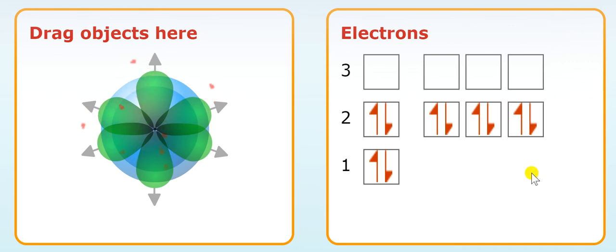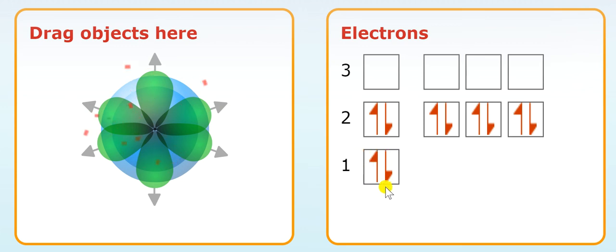So there are some things that I can take away from this. Each one of these boxes represents an orbital. It represents one of these electron cloud shapes, these three-dimensional regions where we find the electrons. The arrows represent electrons.